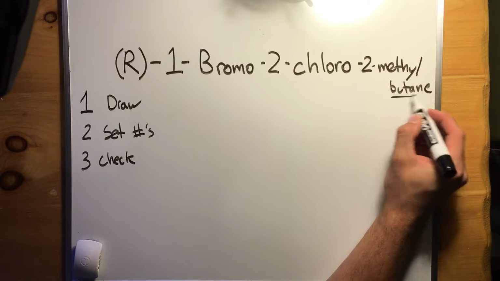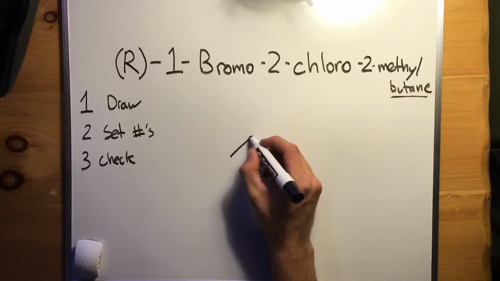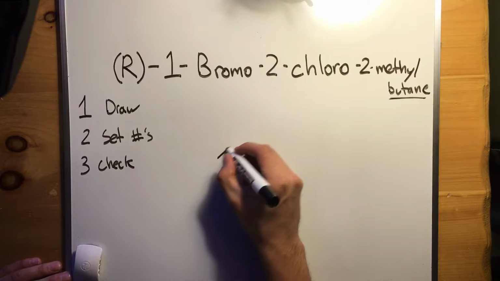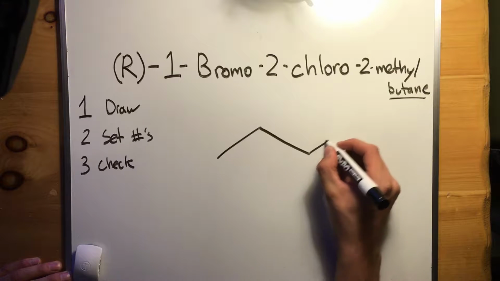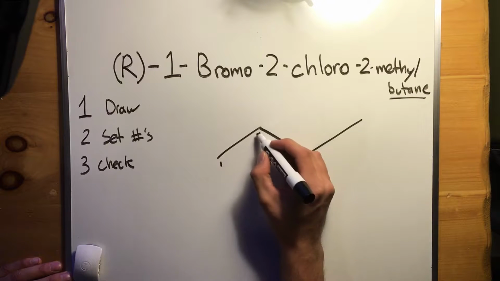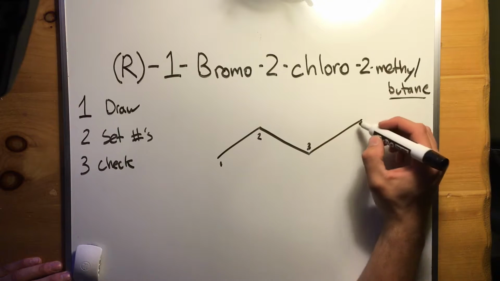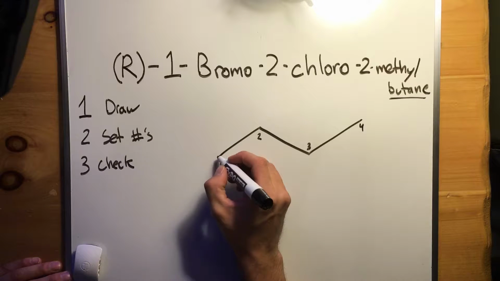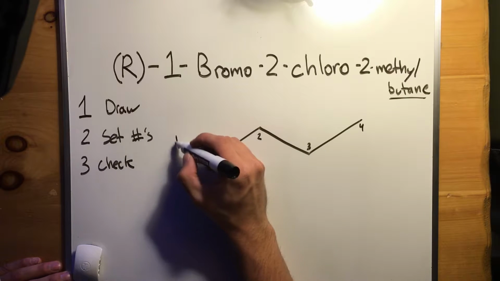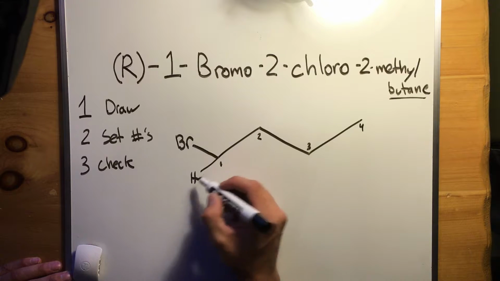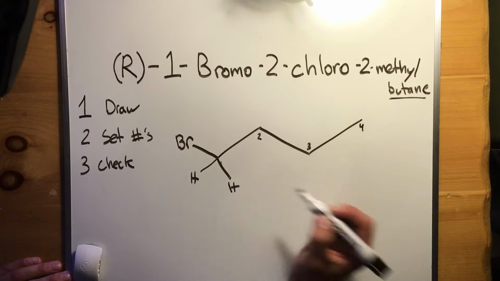So we have a butane, which means we're going to have, let's make this big, 1, 2, 3, 4 carbons. Position 1, we've got bromide, and that would imply we've got hydrogen, hydrogen.